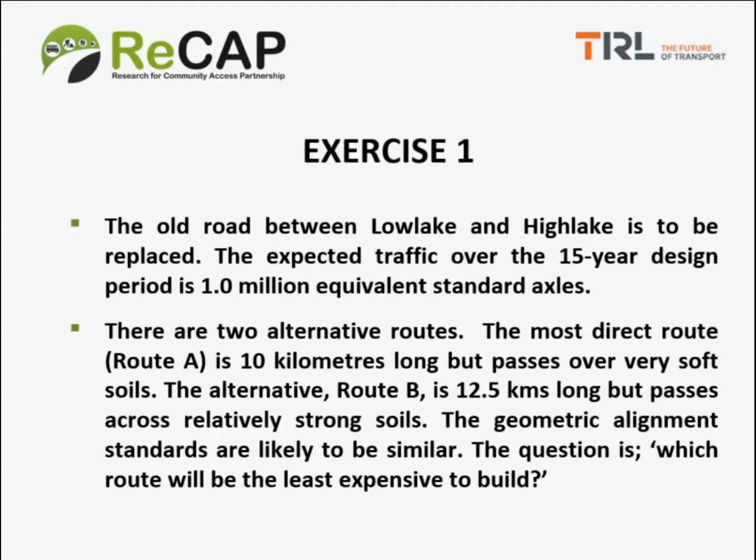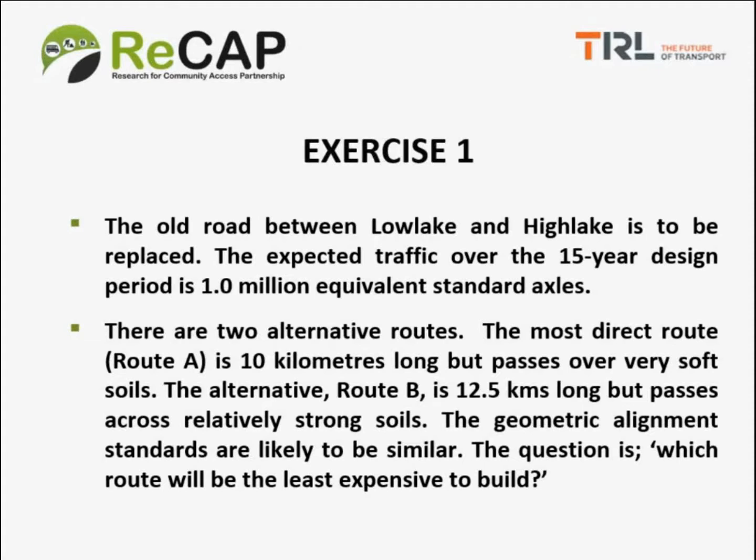The first exercise: the old road between Low Lake and High Lake is to be replaced. The expected traffic over the 15-year design period is 1 million equivalent standard axles. There are 2 alternative routes. The most direct route, Route A, is 10 kilometers long, but passes over very soft soils.